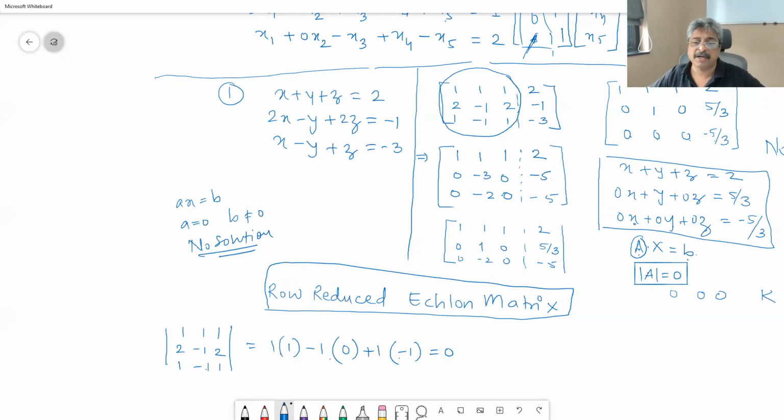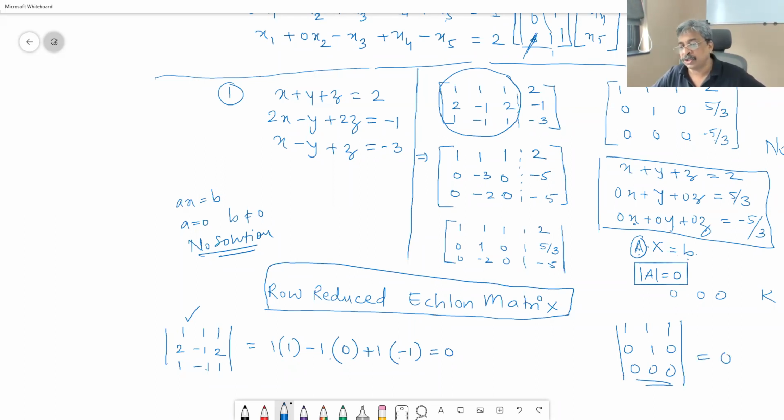So the determinant of this is 0, and see, we have calculated determinant of the original matrix, but we said the system is equivalent, therefore we should have calculated determinant of 1, 1, 1, 0, 1, 0 and 0, 0, 0. If one row of the determinant is 0, 0, 0, of course the determinant is going to be 0.